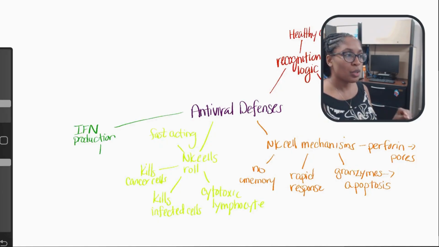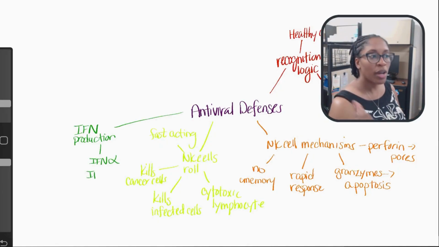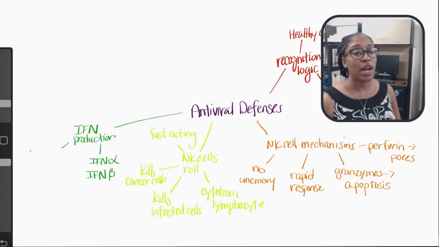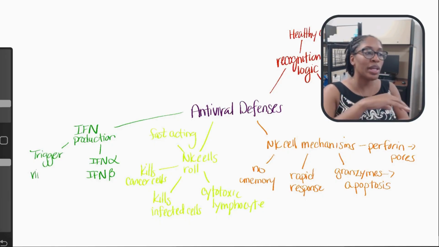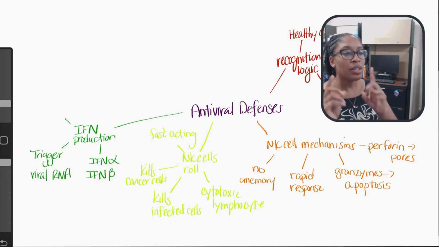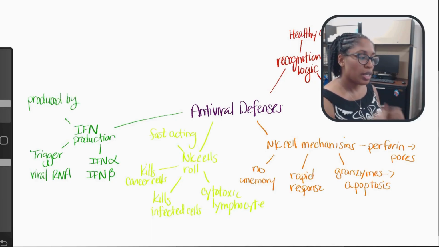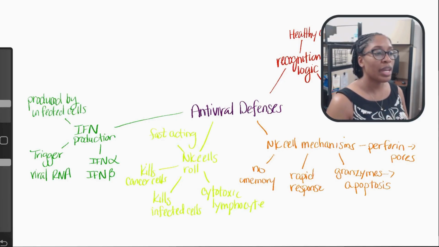Now, these molecules diffuse to neighboring cells and switch on antiviral genes that block viral replication. Now, in essence, interferons create a protective barrier around the affected sites. Now, this limits the spread of viruses even before the adaptive immune system can fully be engaged.